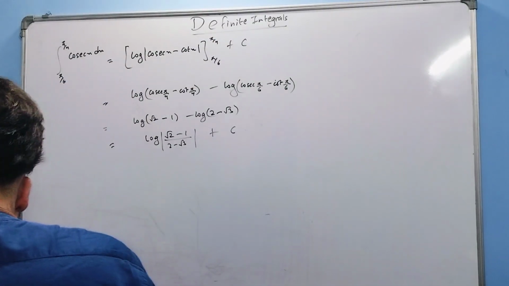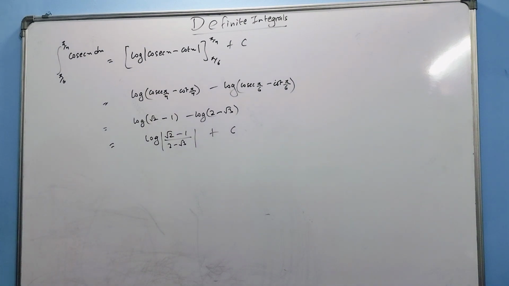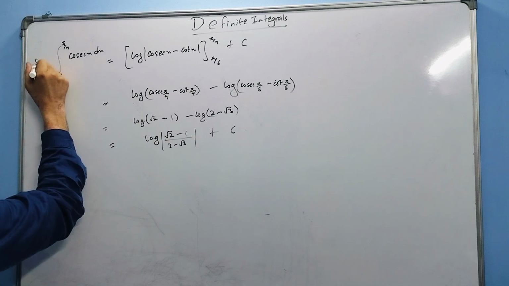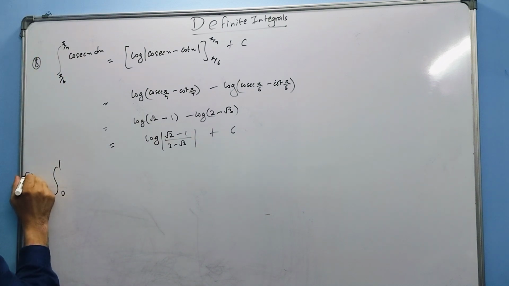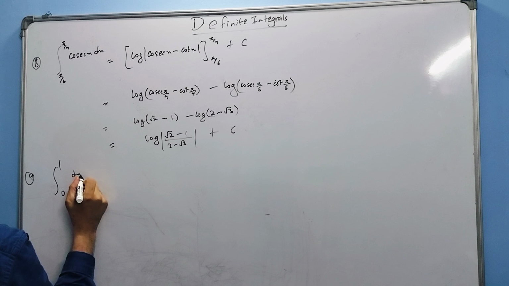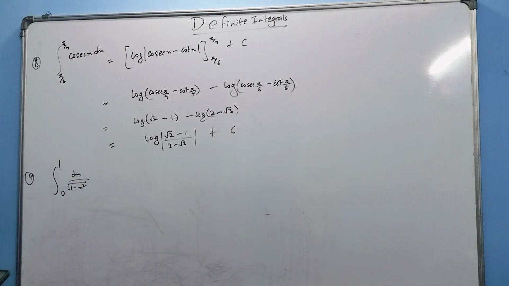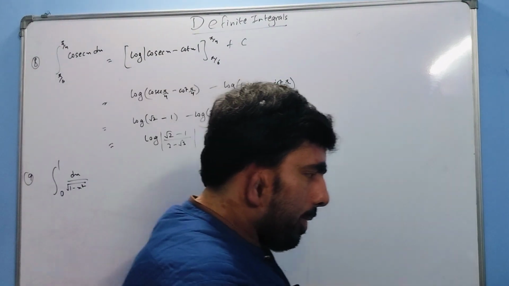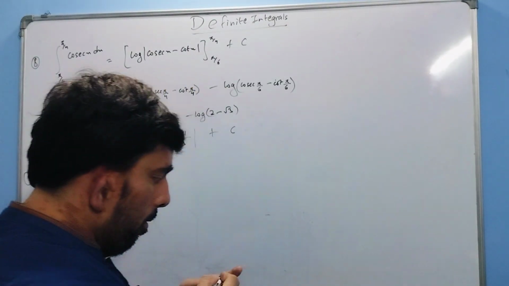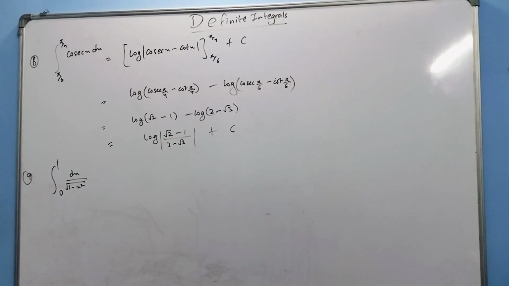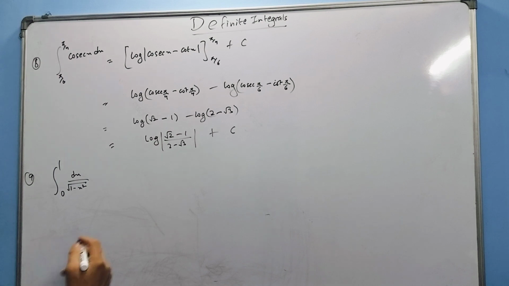Now let us try to solve more. We know the formula of that, so we can easily apply it. So now that's my 8th question done. Now I am solving the 9th, that is the integral of dx upon the square root of 1 minus x square, from 0 to 1. Now we'll try to solve the integration of this.